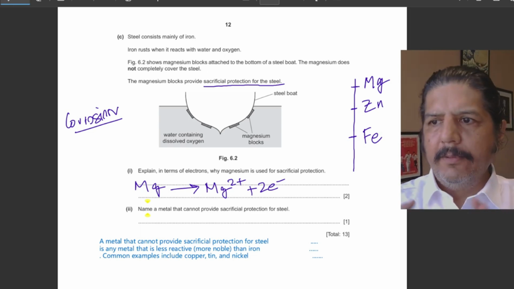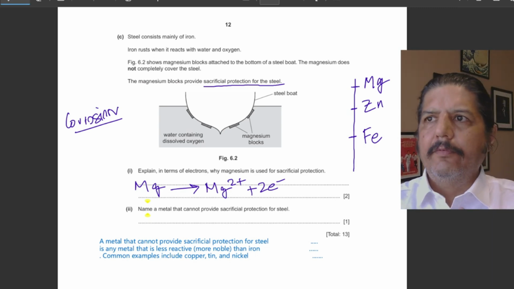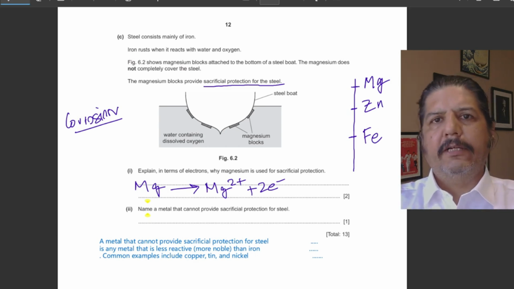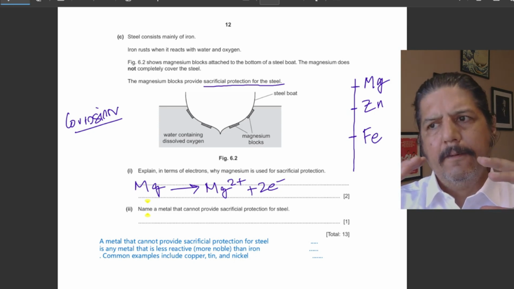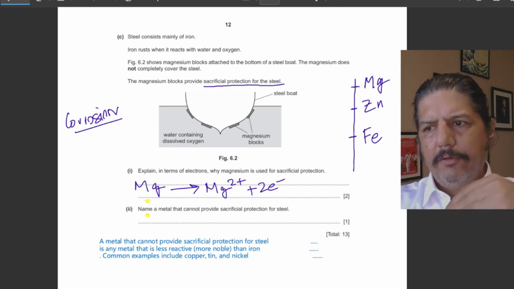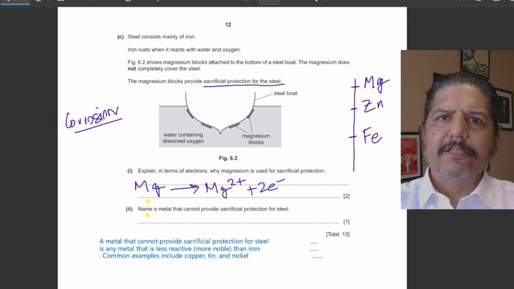Because see, the basic logic is that you want to protect iron from rusting. One way is that you can avoid the contact of the natural elements, oxygen and water, from reacting with the metal. We are trying to prevent the contact. So you can do plastic coatings, etc.